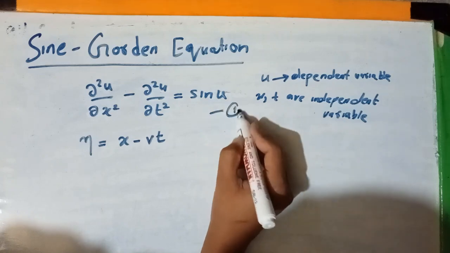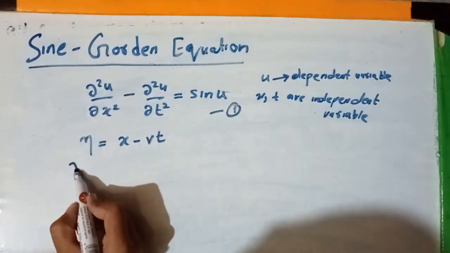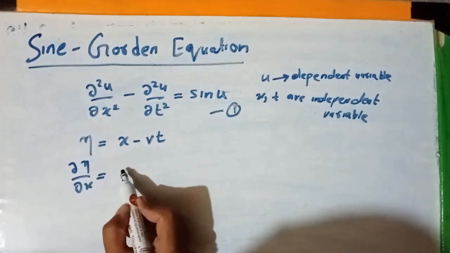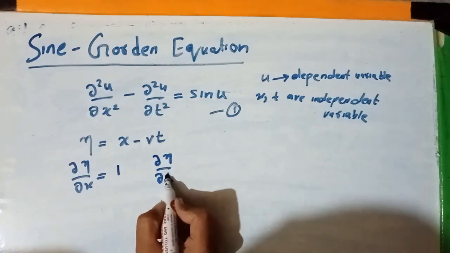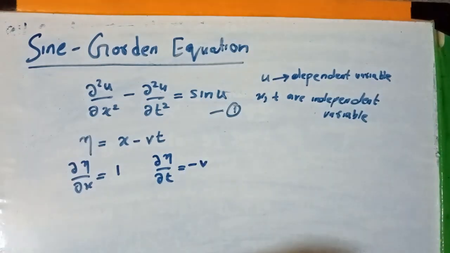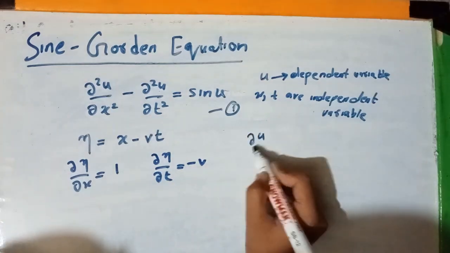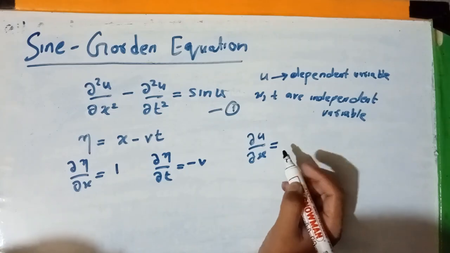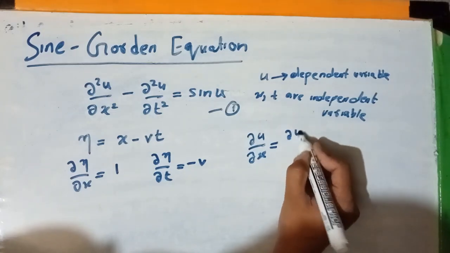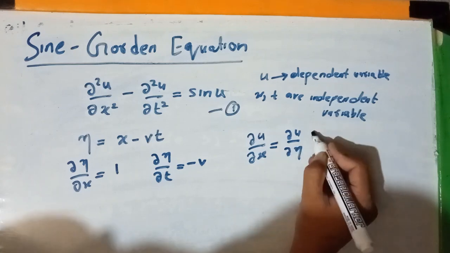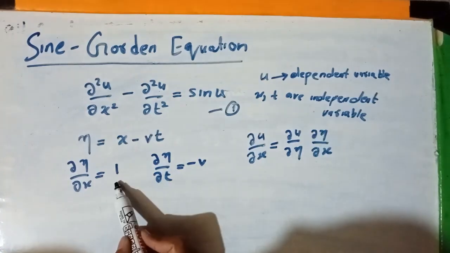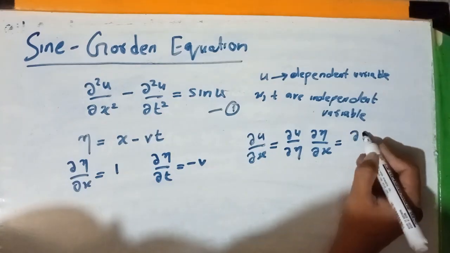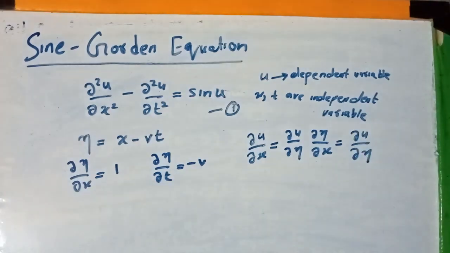So ∂η/∂x = 1 and ∂η/∂t = −v. And ∂u/∂x, using the chain rule, becomes ∂u/∂η times ∂η/∂x, and since ∂η/∂x is equal to 1, this becomes ∂u/∂η.